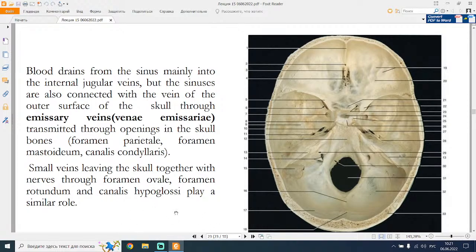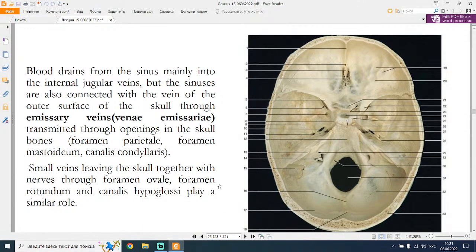Vena emissaria are transmitted through openings of the skull bones: the foramen parietale, the foramen mastoideum, and the canalis condylaris.